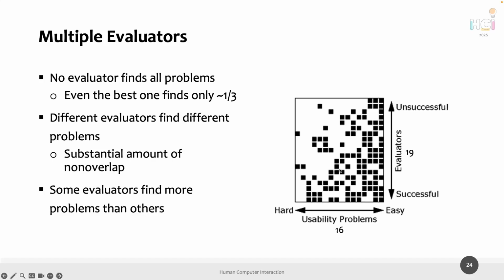And from the experiment, we can see that this magic number cannot be 1 because no one identified all the problems. But in general, with 5 evaluators, you are able to find most of the problems, okay?